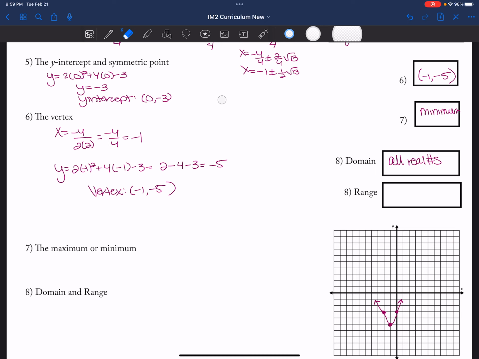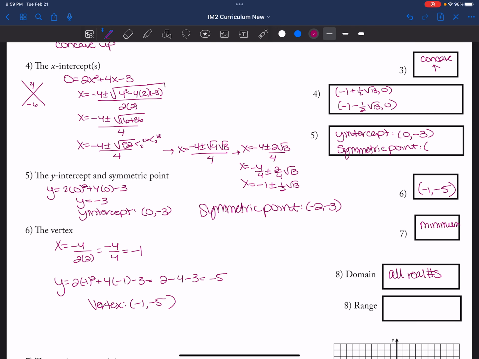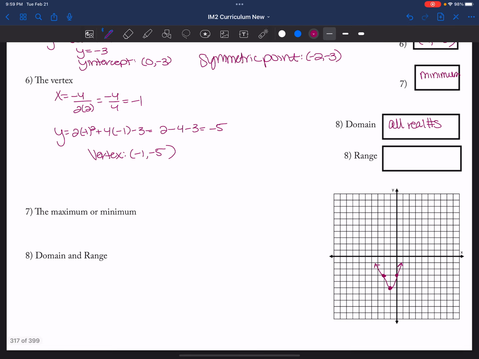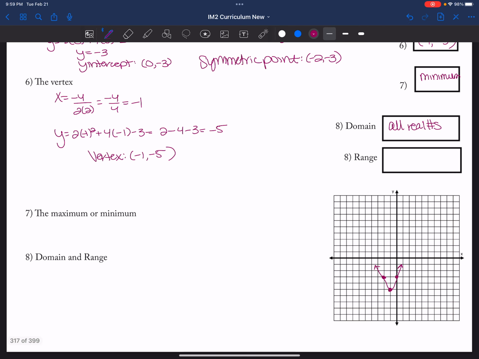Oh my goodness, I cannot write. Negative 2. Okay. And then my domain, then my range is that y has to be bigger than or equal to negative 5.